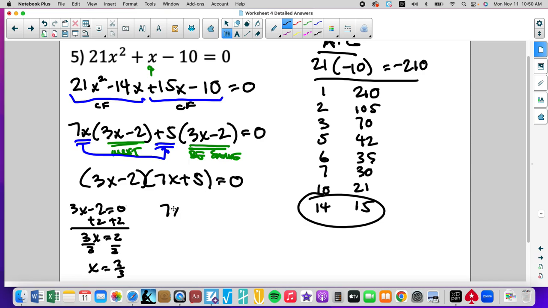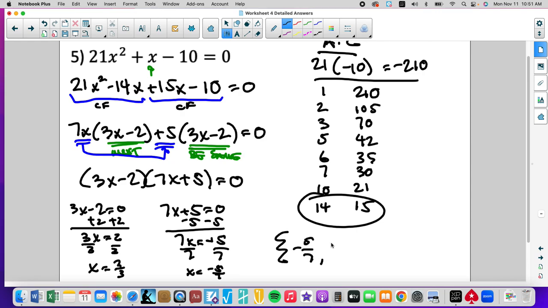And then we do the same thing over here. We're saying, what value for x, when multiplied by 7 and added to 5, equals 0? 7x equals -5, divide by 7, x equals -5/7. So my solution is -5/7, comma, 2/3. Those are my zeros. Pretty cool.